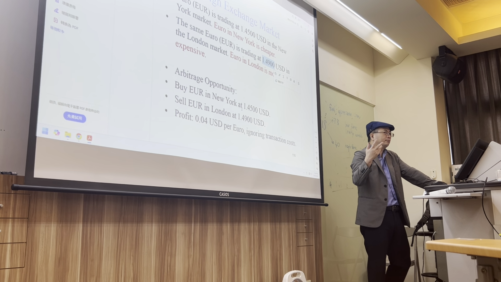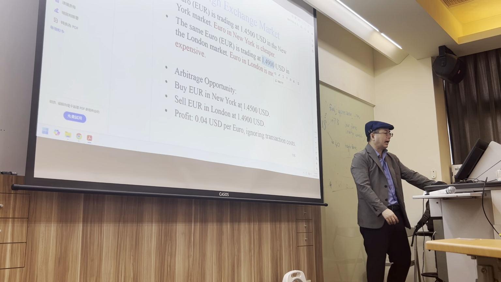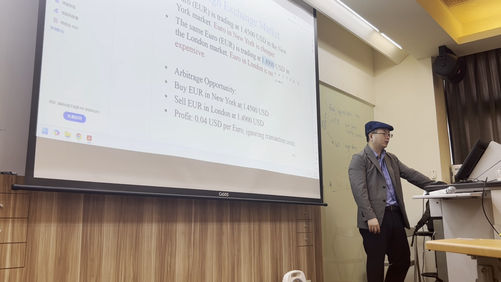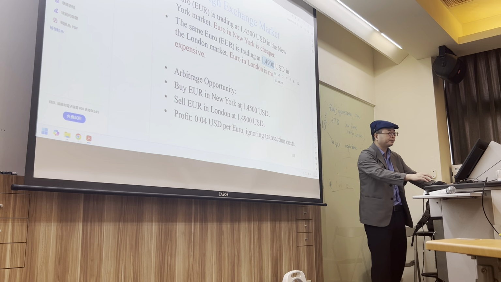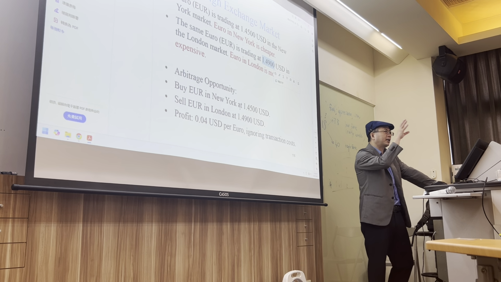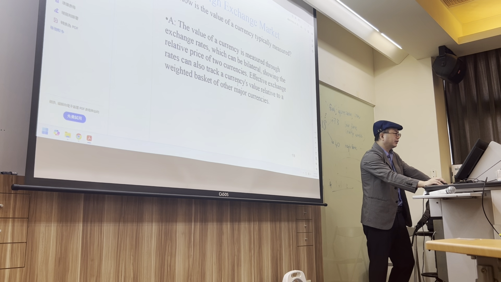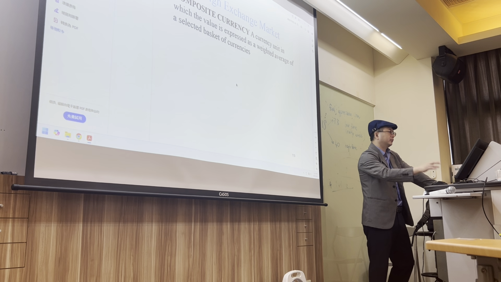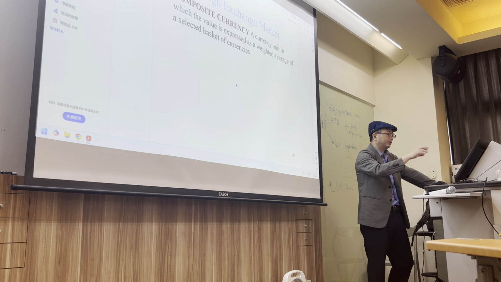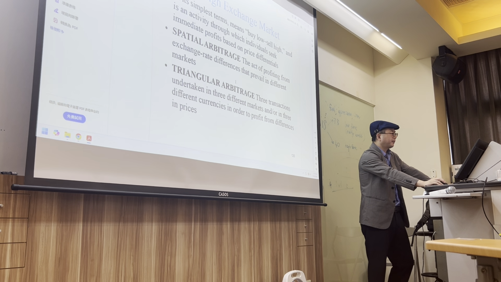If I've done the math correctly, I should have a 4 cent USD per euro profit, ignoring the transaction cost. Now, that's my concept, that's my theory. We can take that idea and go further with it.